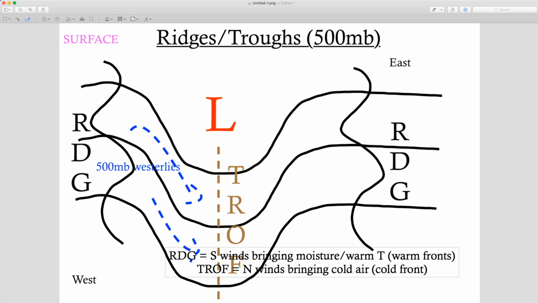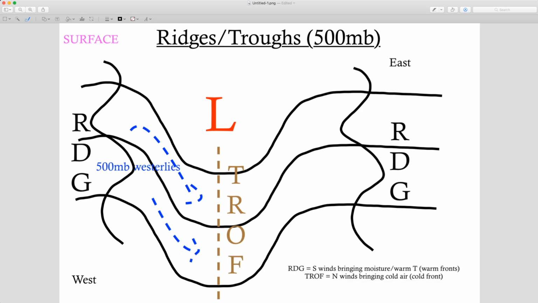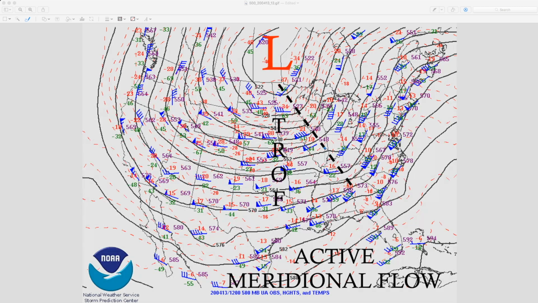Aha, okay, so that's why it's important, right? It's important because that's how you get fronts. This is a more complex way of explaining fronts. So now let's go back to our previous map. This map here.